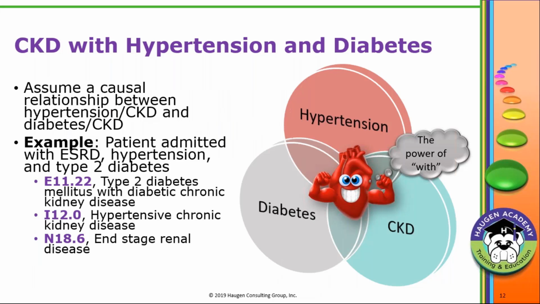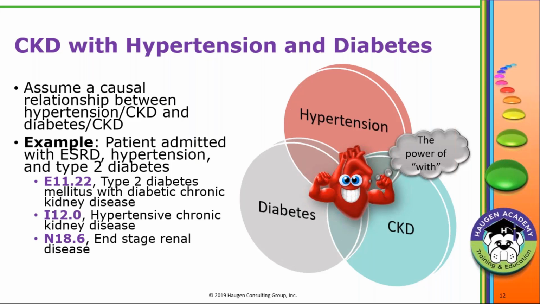One of the common questions we have gotten over the years, since they made this linkage between CKD and diabetes automatic, is what happens if a patient has chronic kidney disease with hypertension and diabetes?